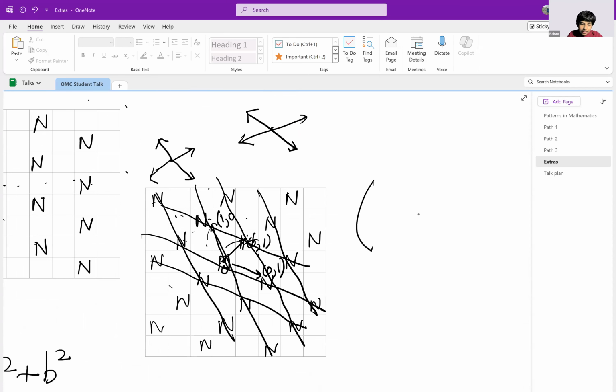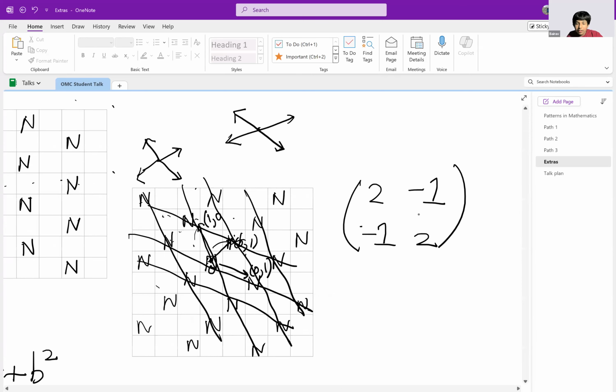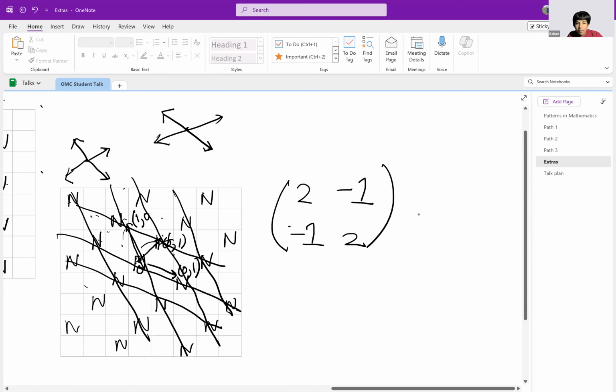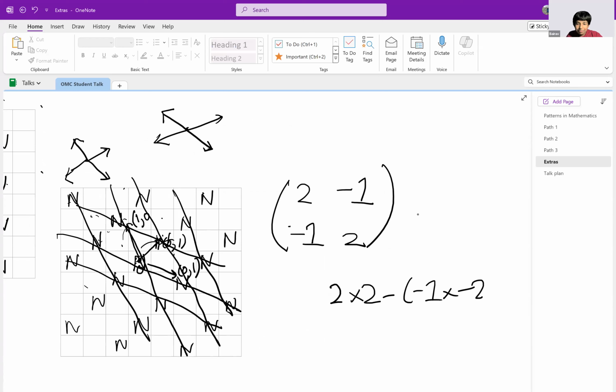So in this case, if we say 2 minus 1, minus 1, 2, I'm not sure if I'm getting this right. So yes, here we are getting 2 times 2 minus 1 times minus 1, which is 3.